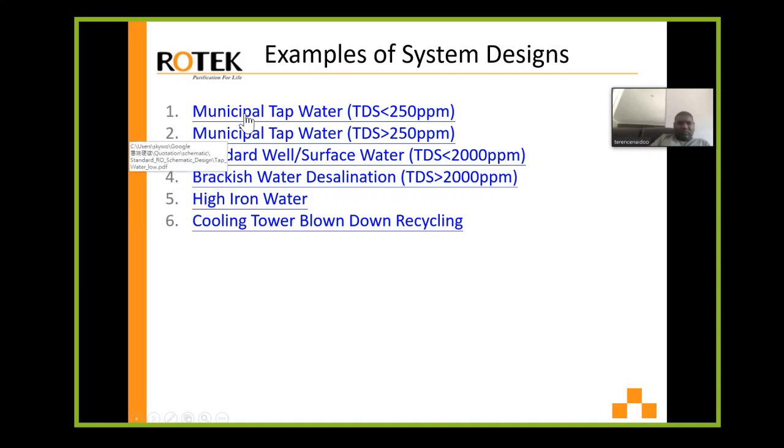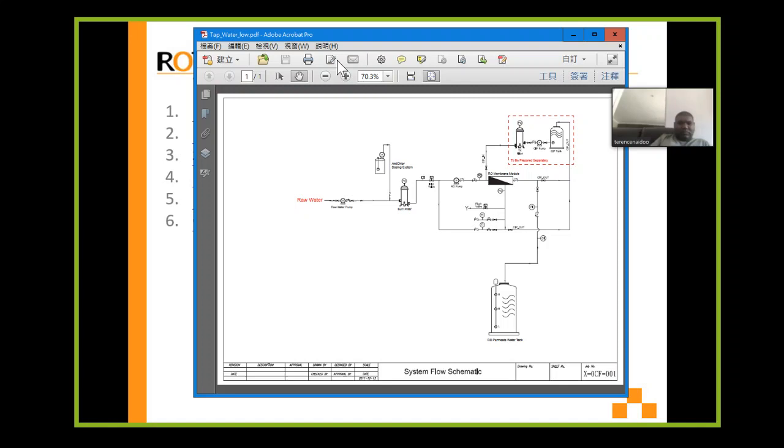For municipal tap water, which is normally already treated by the government, the TOC and capacity are normally below our system requirements.